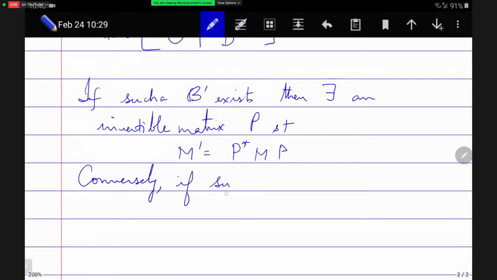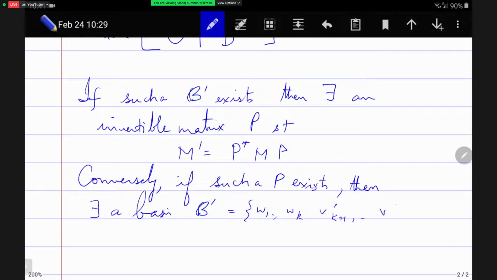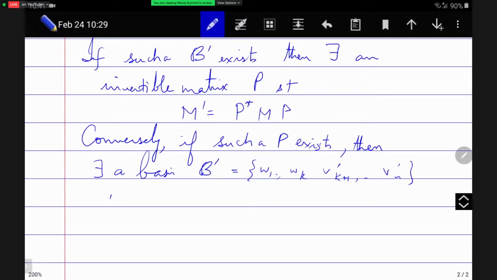Conversely, if such a P exists, then there exists a basis B prime of the form W1 through Wk, V prime k plus 1 through V prime n, with V prime i inside W perp.